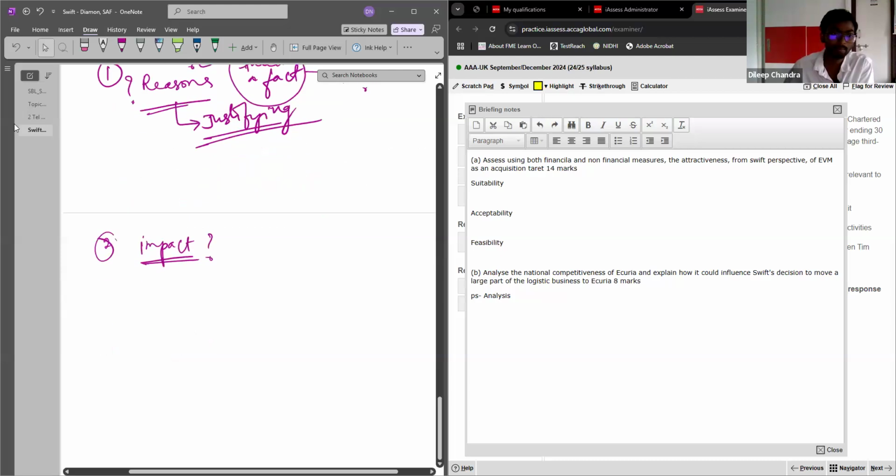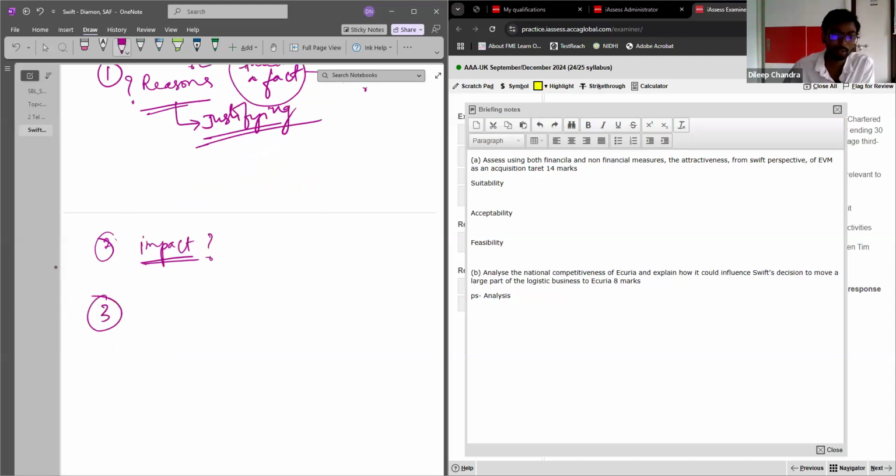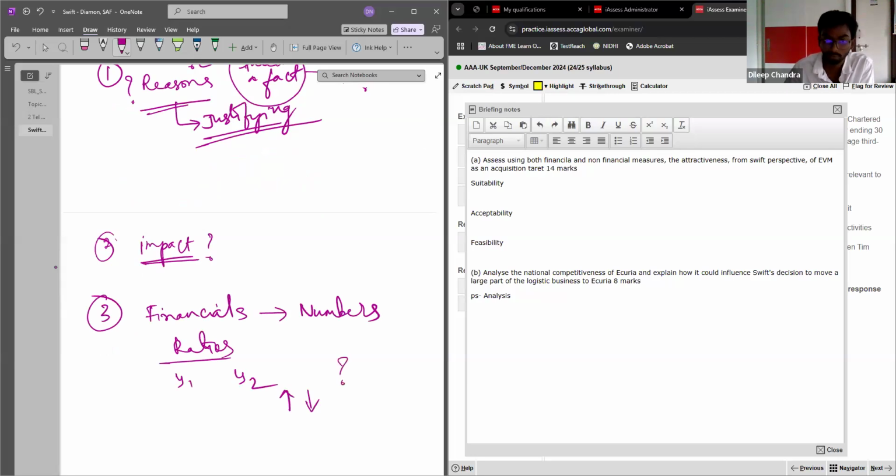Number 3, if financials are given, which means numbers and some ratios are given, year 1, year 2. Let's suppose a certain ratio has increased, a certain ratio has decreased. Why did it increase? Why did it reduce? Again, you have to give the reasons. Again, this is also analysis.